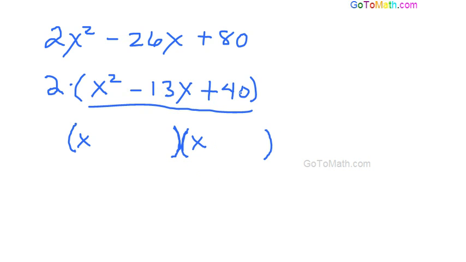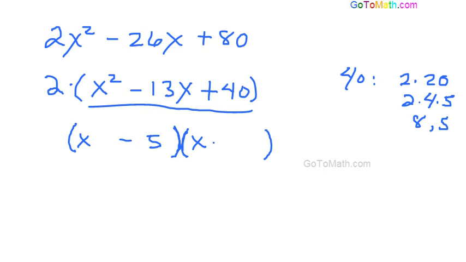Okay. Now let's take a look at 40 over here. Let's break it down. We got 2 times 20, right? We can also break this down to 4 times 5. And you can keep going like this. However, let's look at 8 and 5. 8 and 5 is 13, yeah.